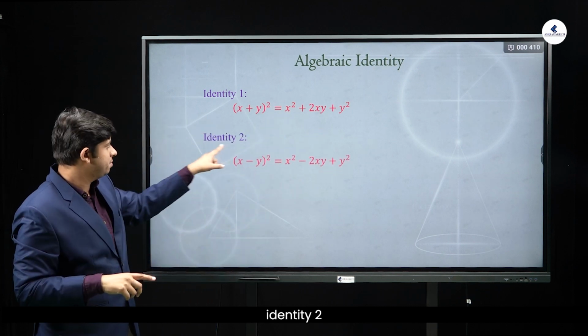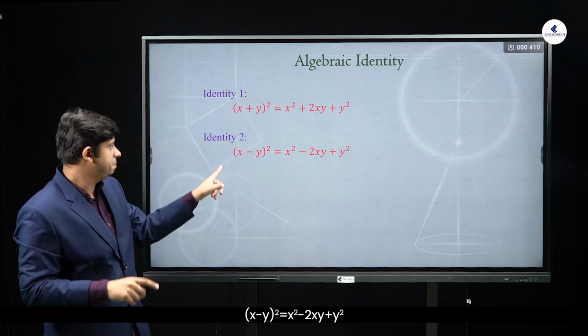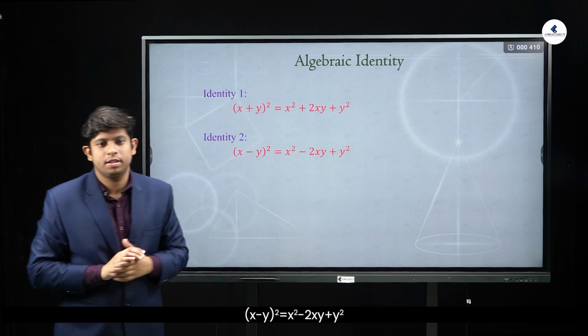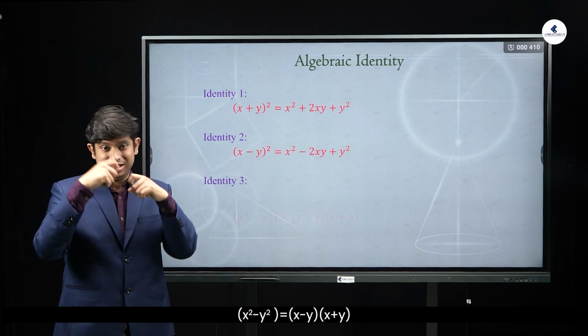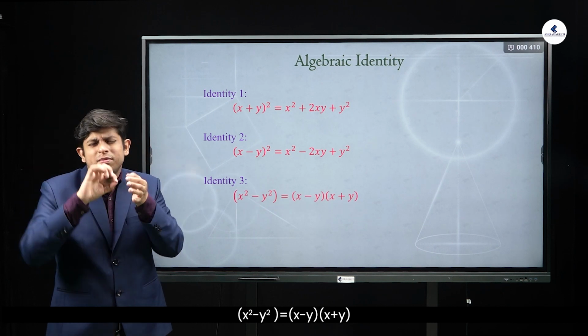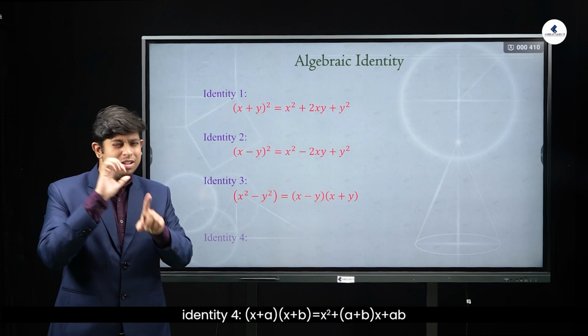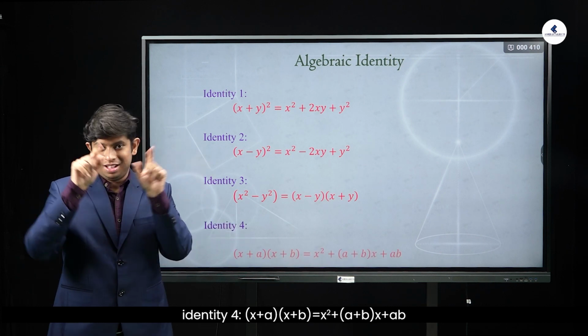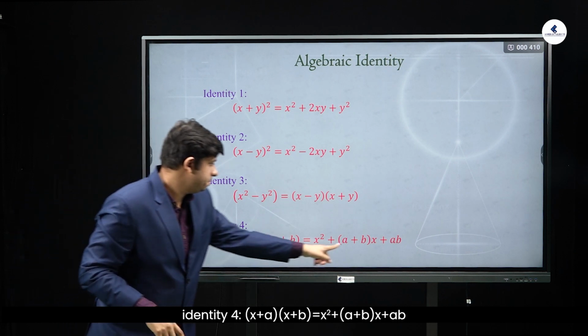Identity 2: x minus y whole square is equal to x square minus 2xy plus y square. Identity 3: x square minus y square is equal to x minus y into x plus y. Identity 4: x plus a into x plus b is equal to x square plus a plus b into x plus ab.